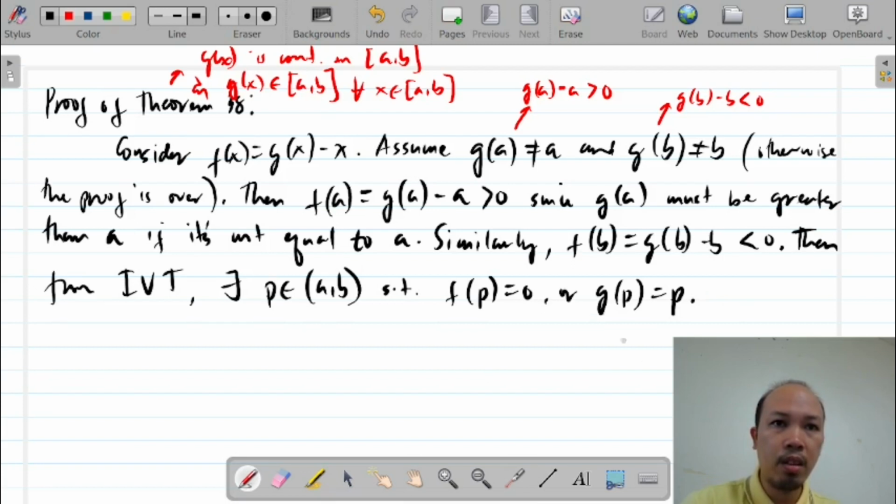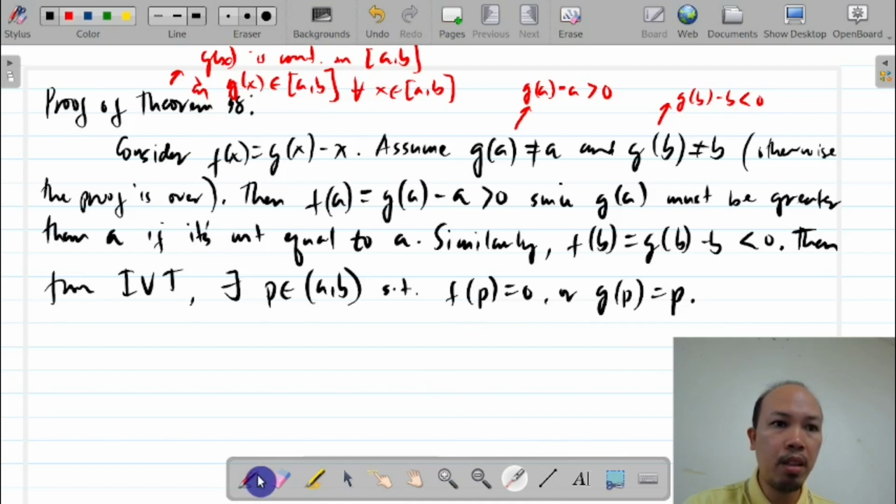So this concludes, by the intermediate value theorem, that this will follow. Or if this is not true, then g of p is equal to p. Okay, so we proved theorem part A.